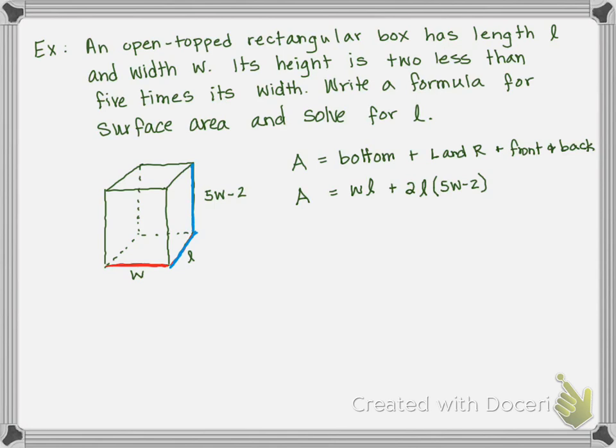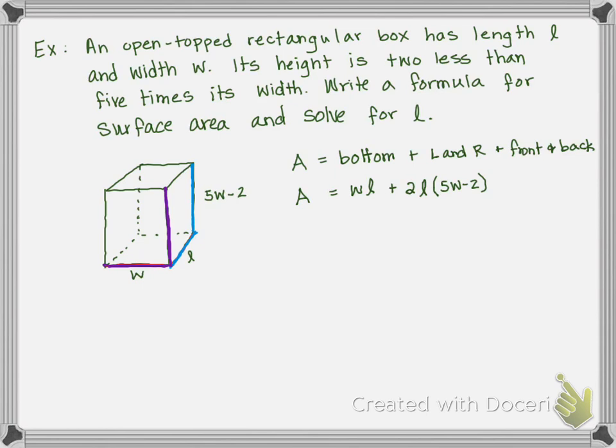So I've got three sides so far. I have the bottom, and then I built up these two sides, and now I need to build up the front and the back. So front and back, I've got this guy right here, and then this guy right here as my dimensions.